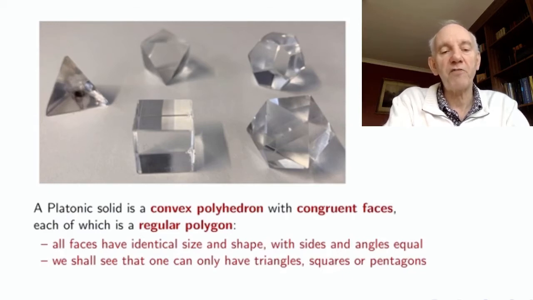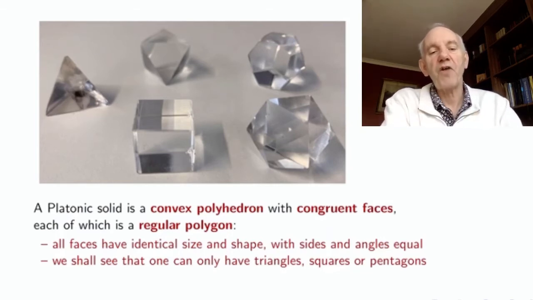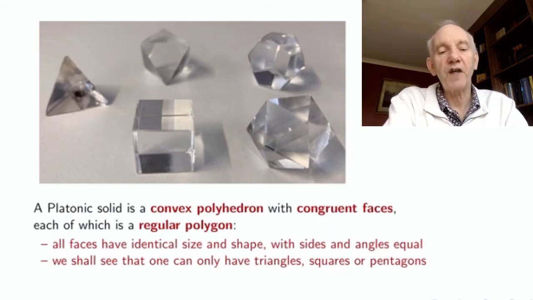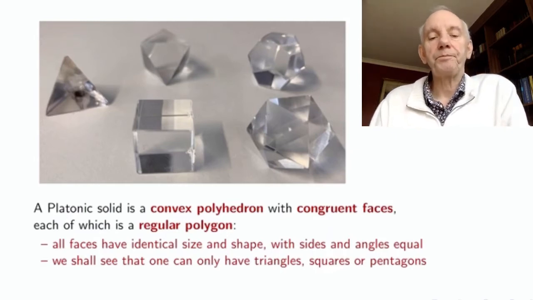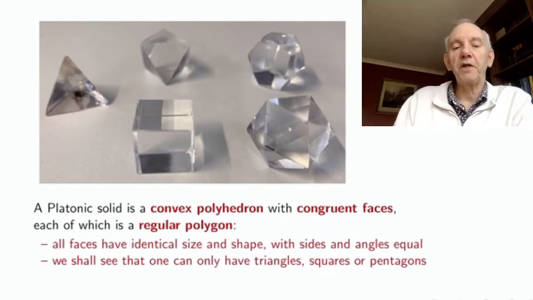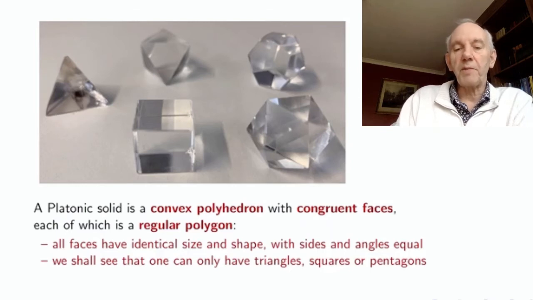In graph theory, we're not interested in the fact that all the sizes are the same. It's the fact that all the faces are polygons with the same number of sides. And it turns out you can only have 3, 4, or 5 sides. As represented, 3 of those 5 solids have triangular faces. So those are the Platonic solids. Let's just look at them individually.